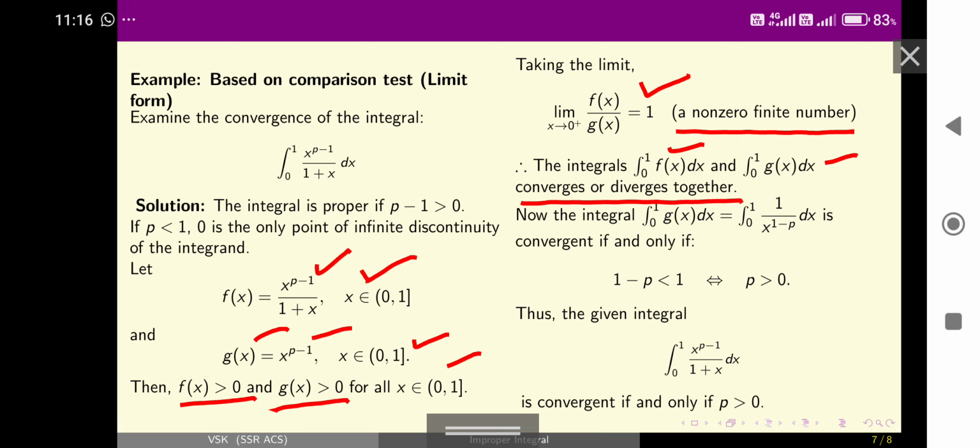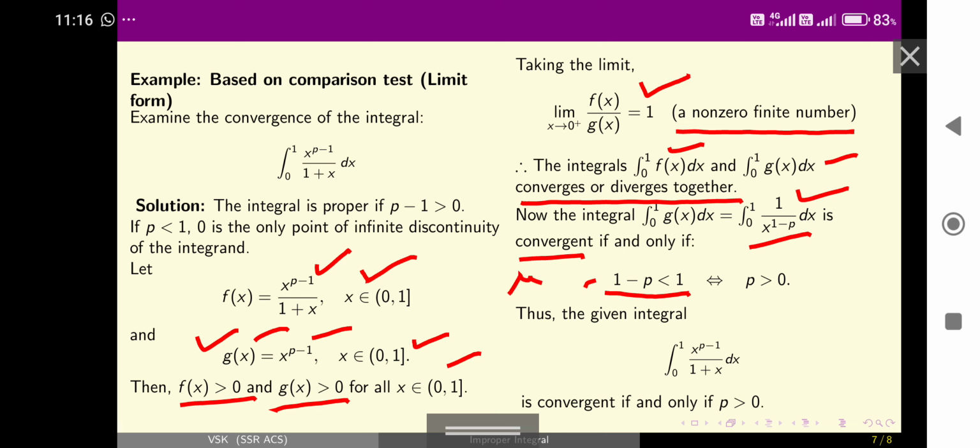Now the integral from 0 to 1 of g(x) dx, that is, the integral of 1/x^(1−p), is convergent if and only if 1−p is less than 1. Here 1−p, as in the previous theorem, is the value of μ.